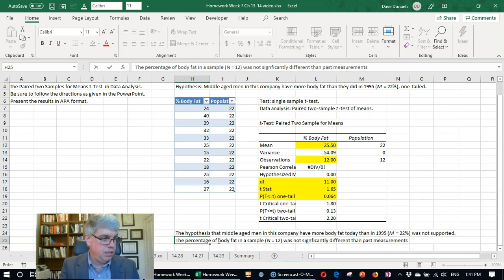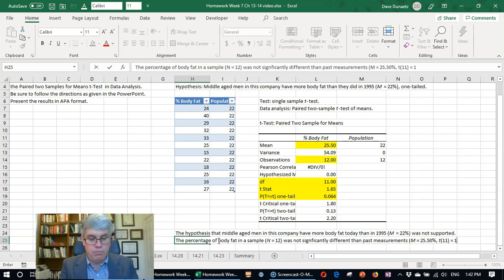And we can put that mean, M, equals 25.50%. And then we report the t. So I'm going to put the t in italics. Then right after the t, I put the number of degrees of freedom. I don't put a space. 11 in parentheses, not in italics.